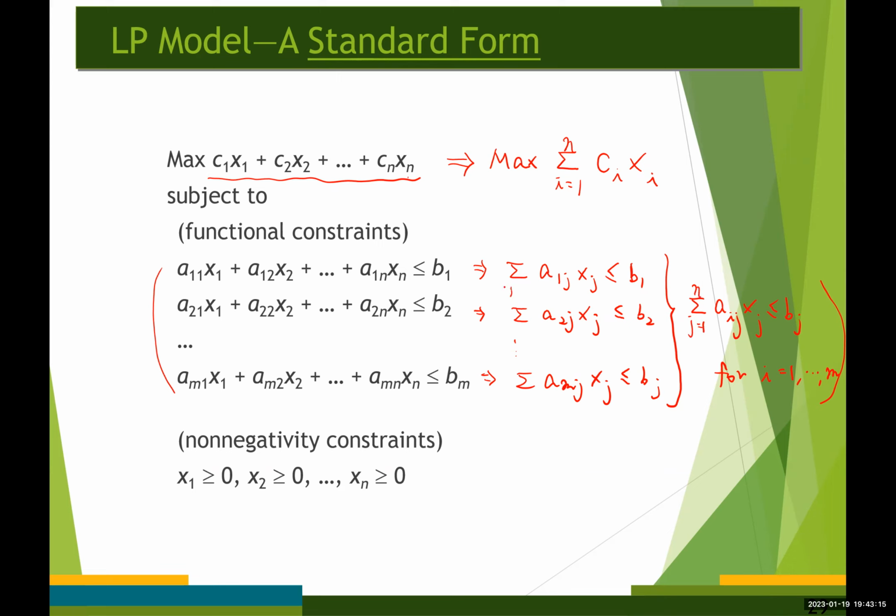It's the same. j is going to be 1, 2, up to n. And here, the sign restriction can be simplified as x sub i is greater than or equal to 0 for all i's going from 1 to n in this case, right?